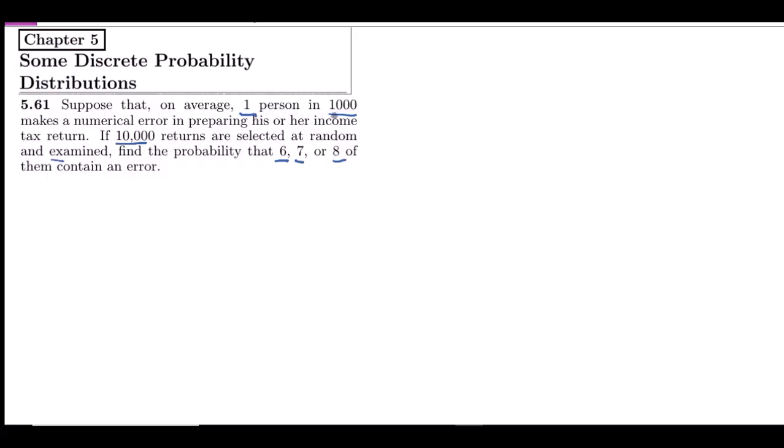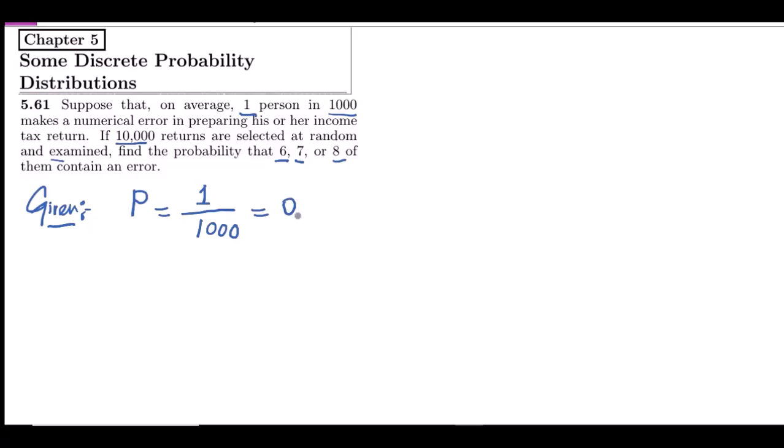Now in this question, what we have is the number of persons making an error out of the total number of persons. From it we can very easily calculate the probability of an error: the number of persons who make the error divided by the total number of persons, which is 1000.